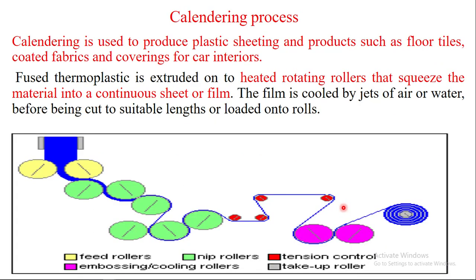Calendaring process. The calendaring process is similar to the drawing process used for metal materials. Calendaring is used for producing plastic sheets and products such as floor tiles, coated fabrics, and coverings for car interiors, which are used for different decoration purposes. Heated thermoplastics are extruded onto heated rotating rollers that squeeze the material into continuous sheets or films.